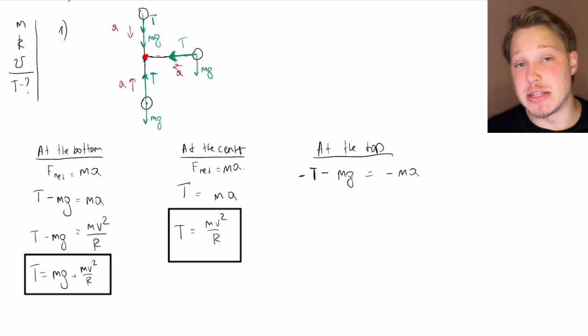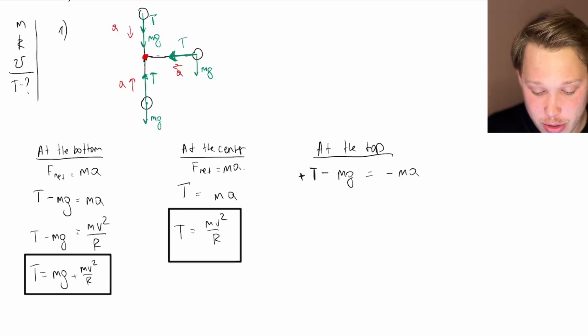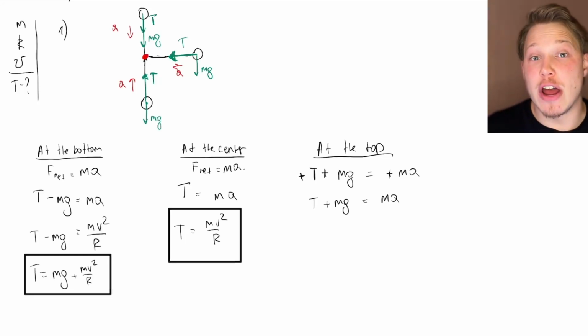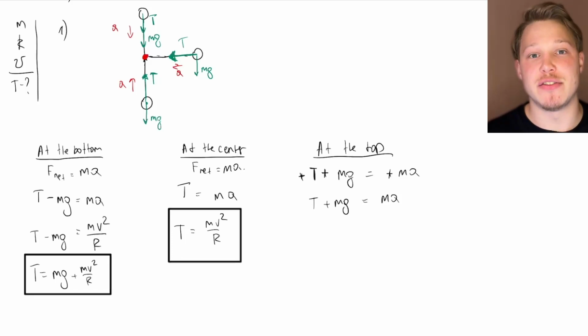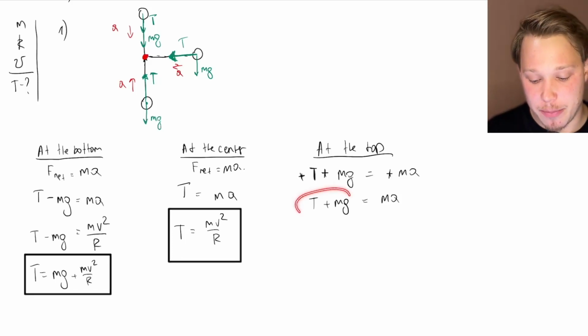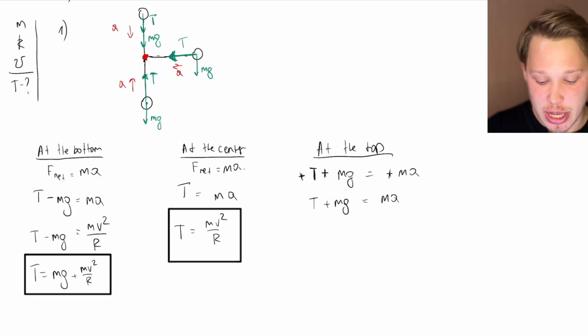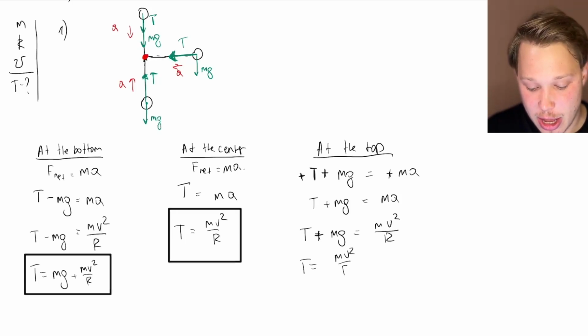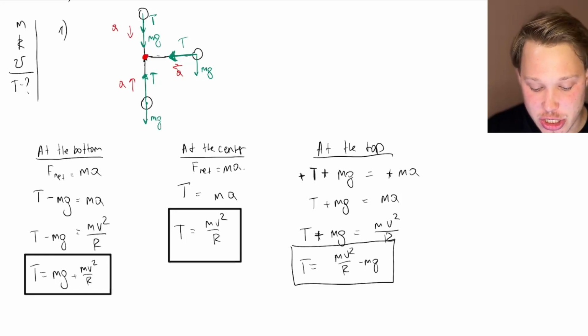Or you can multiply the whole equation by -1, and just write that T plus mg is equal to positive ma, right? I could have considered downwards to be a positive direction and just written this expression initially. So to rearrange this, just like in the previous problems, I'll plug in for acceleration as v squared over r, right? And subtract mg from both sides to get my final expression for the tension of the rope at the top of the circle.